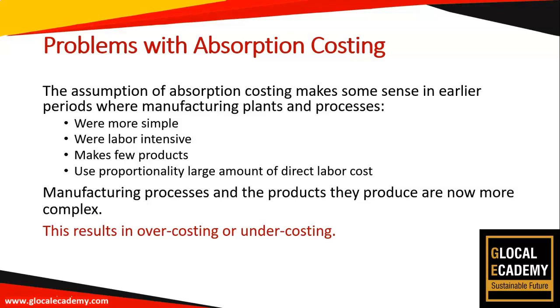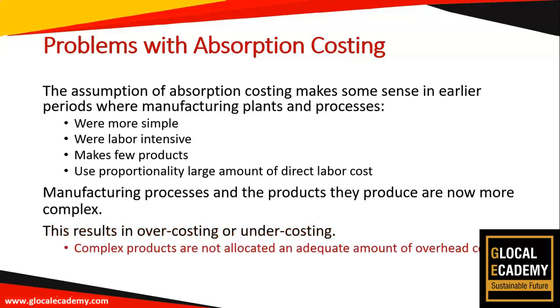Some products become overcosted, whereas some products become undercosted. Complex products are not allocated an adequate amount of overhead cost, whereas simple products get too much. So simple products, in other words, become overcosted, whereas complex products become undercosted.